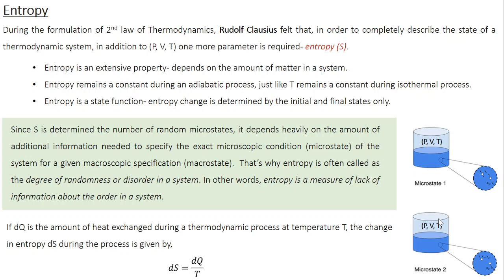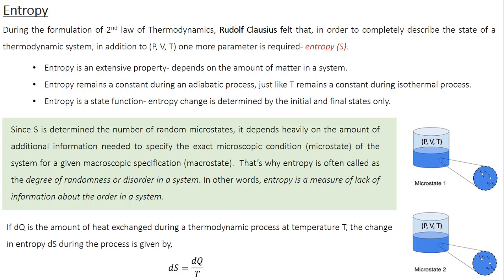Or taking another analogy, imagine that you are a class of 50 students, first year BSc Physics students, sitting inside a particular classroom. During the first hour, you will be sitting in a particular manner, and in the second hour, some of you have changed your position, so your seating arrangement slightly changed. But in both cases, you are still a class of 50 students sitting inside the same classroom, right?